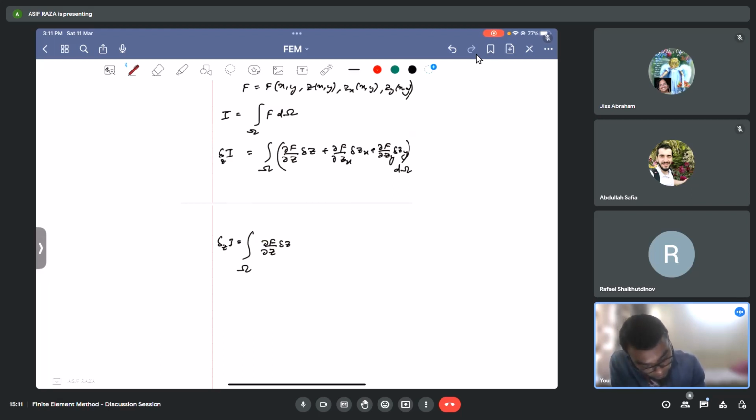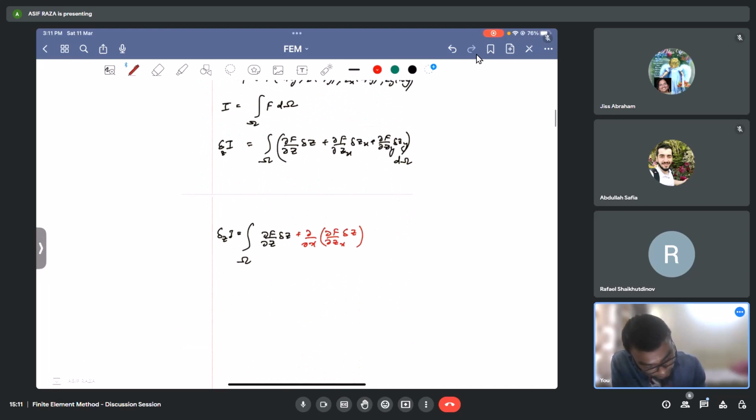So let me write it differently. That was dou f by dou z, minus dou by dou x dou f by dou z x dou z, plus dou by dou y dou f by dou z y dou z, minus dou by dou y dou f by dou z y dou z in the domain.